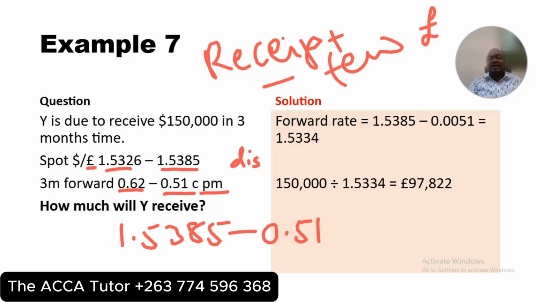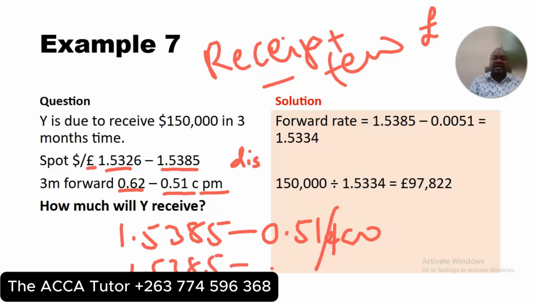Are we together? But now, these ones are in cents. Remember, they are in cents. So to turn the cents into points, we then have to divide by 100. So we are going to divide the 0.51 by 100. And what do we get?